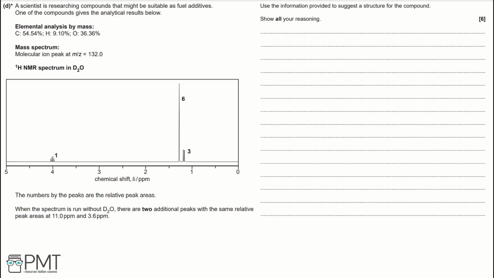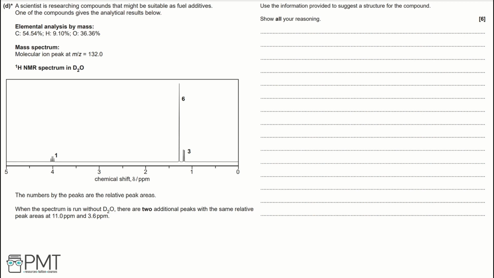Part D. A scientist is researching compounds that might be suitable as fuel additives. One of the compounds gives the analytical results below. Elemental analysis by mass: carbon 54.54%, hydrogen 9.10%, oxygen 36.36%. The mass spectrum has a molecular ion peak at m/z 132.0.